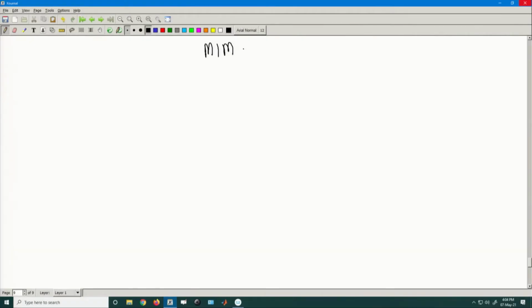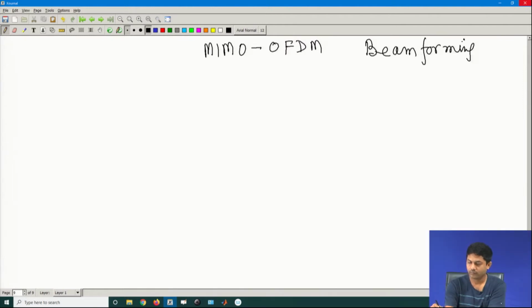So, we already know what is MIMO, and then we are extending it to MIMO OFDM. So these are the topics, and we will be taking a few lectures on MIMO OFDM beamforming.